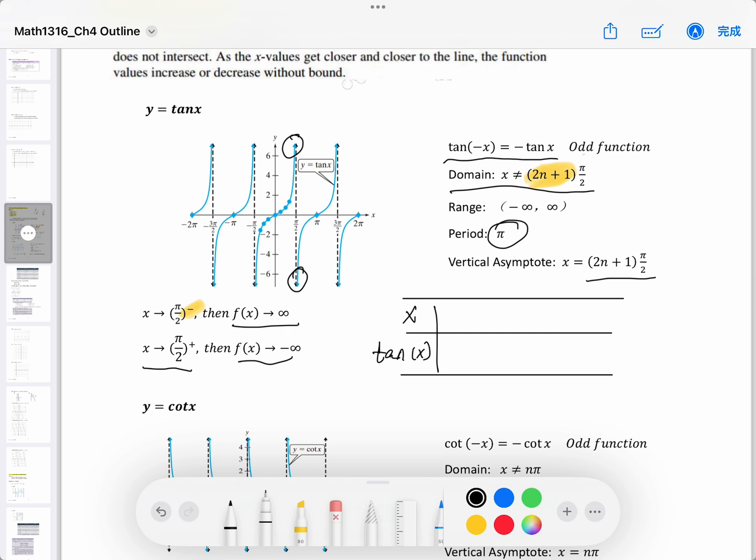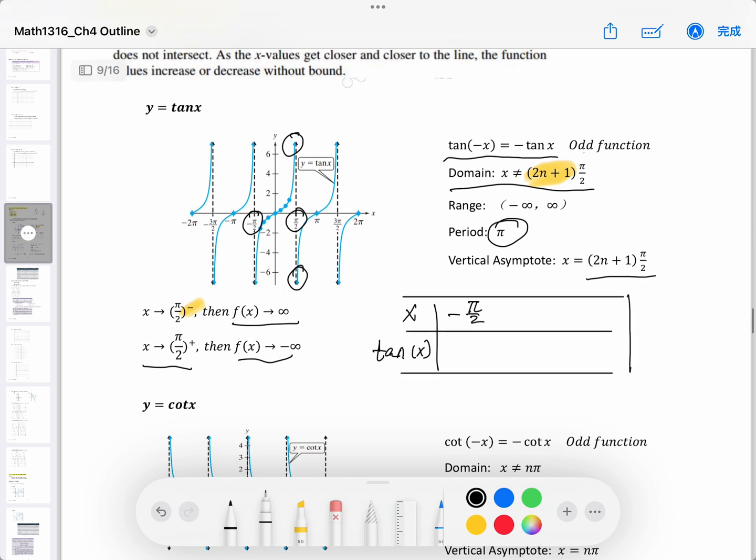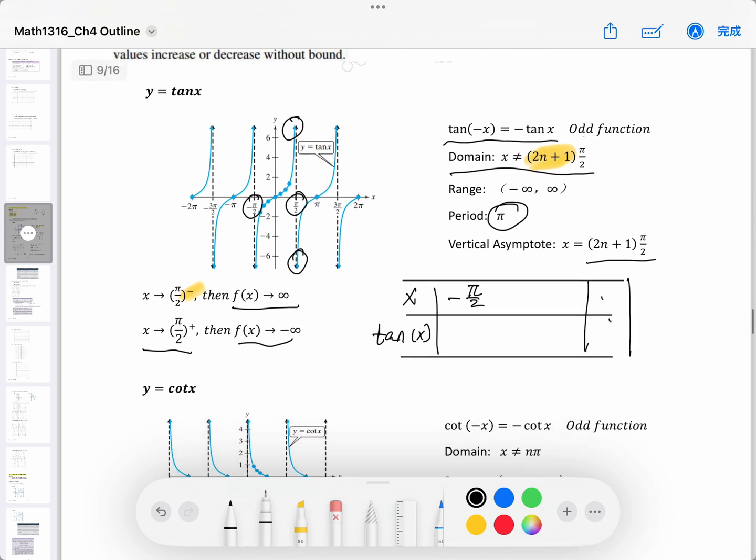The first and the last x values are the bounds of one full cycle. So I'm going to select negative half pi and half pi. Between them is one full cycle of the tangent. So let's put negative half pi and then half pi.